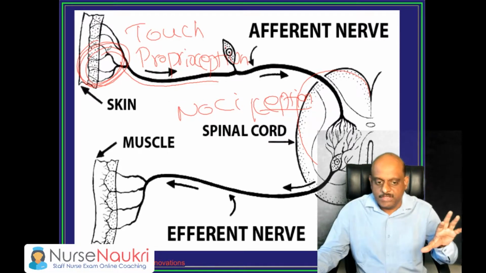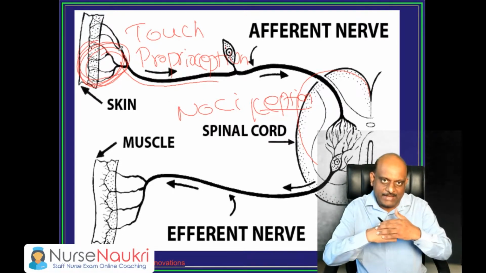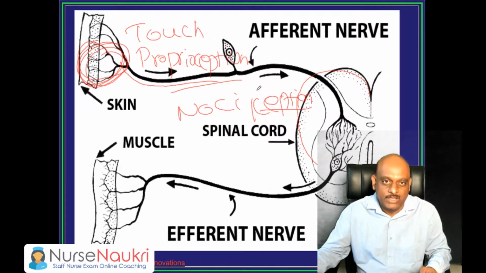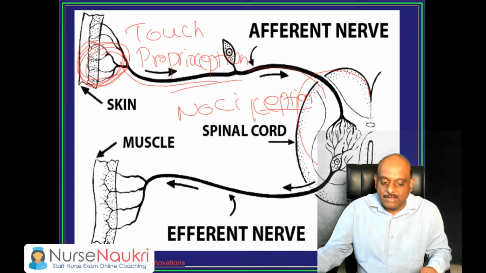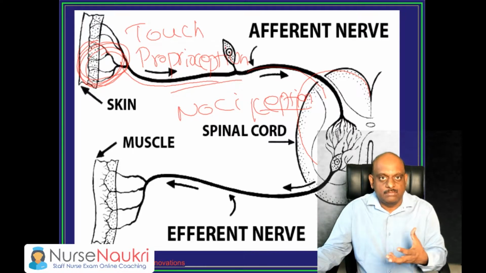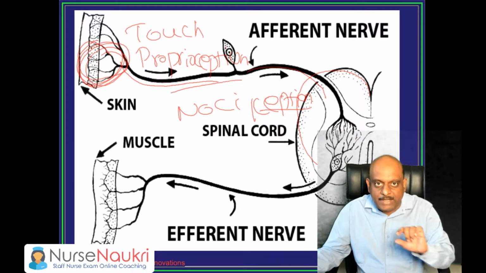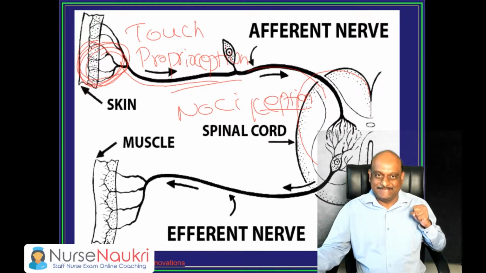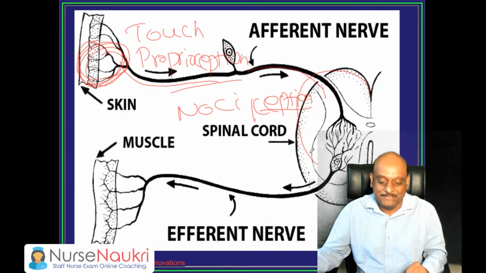From the sensory receptors in the skin, the signals get transmitted by the nerve which is called the afferent nerve. Then if something is biting you or if you are getting pain, what will you do? Immediately you will withdraw the hand. So how do you withdraw the hand?